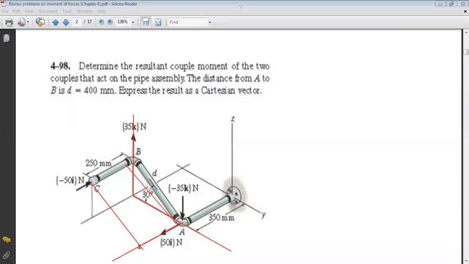If it's only parallel to X, then it will have a unit vector. So try to draw the normal vector. If you draw the normal vector to this plane, it will have two components, in Y and in Z. So this is why we say it's an inclined plane, because its normal vector is not in X or Y or Z, okay? While if you take the first couple of 35, the normal vector is along what?